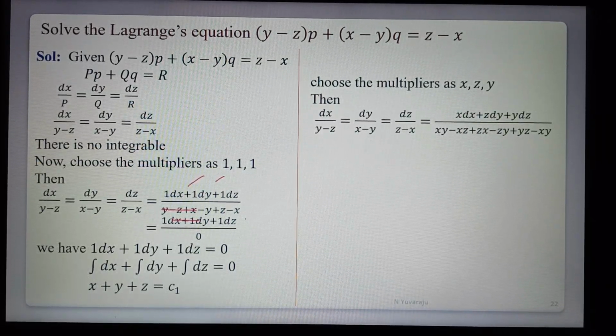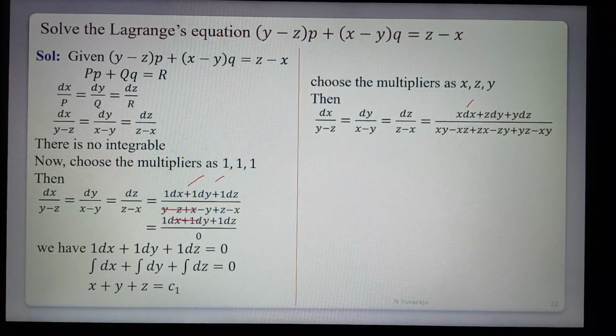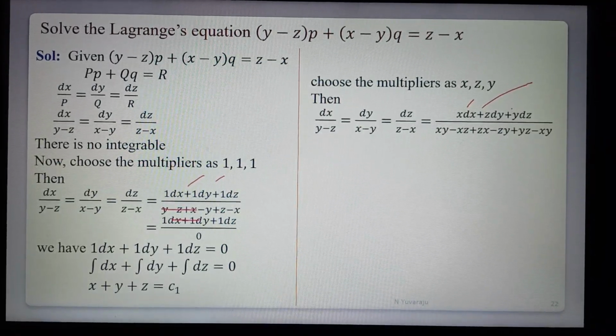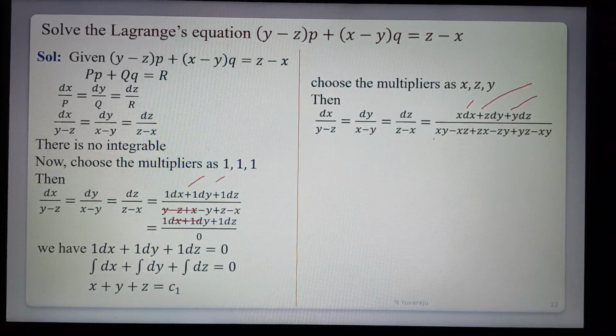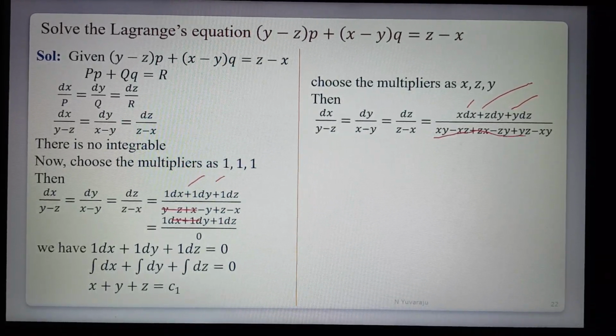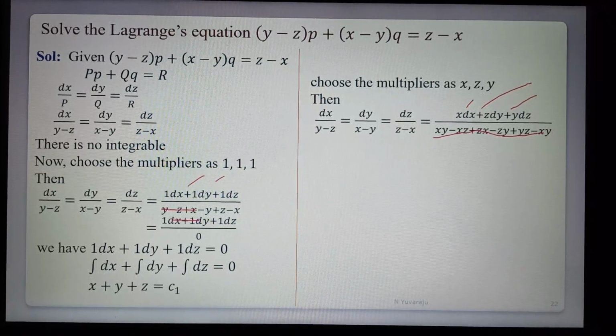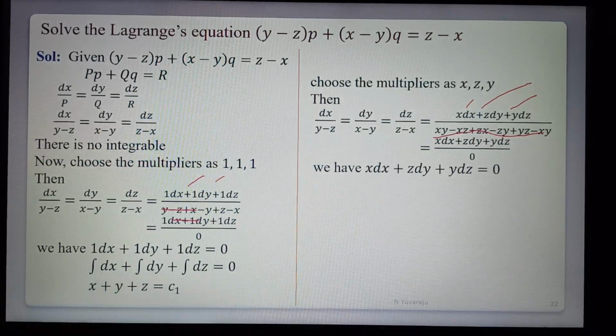So dx by (y minus z) is equal to dy by (x minus y) is equal to dz by (z minus x), multiplying x dx, second z dy, third y dz. Similarly the denominator is also multiplied with x, with z, with y. So clearly the denominator is 0, and automatically the numerator is also 0: x dx plus z dy plus y dz is equal to 0.